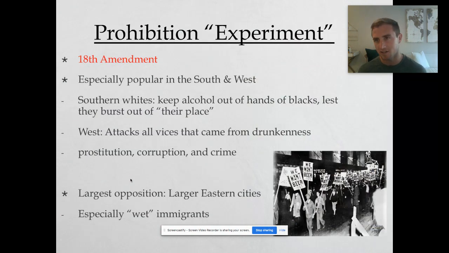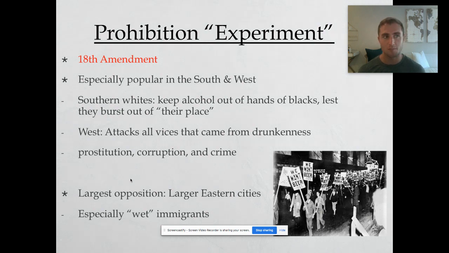Okay, the 1920s is Prohibition. This is the time where it is illegal to manufacture or sell alcohol pursuant to the 18th Amendment to the Constitution. It's, as I mentioned, especially popular in the South and the West.